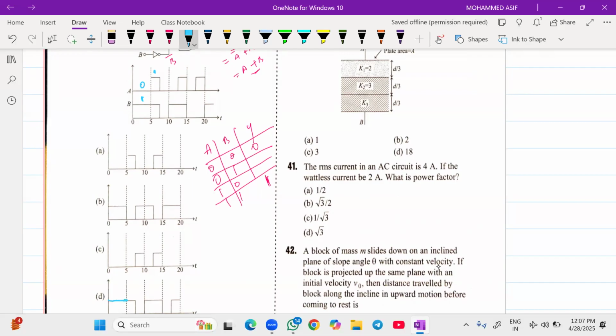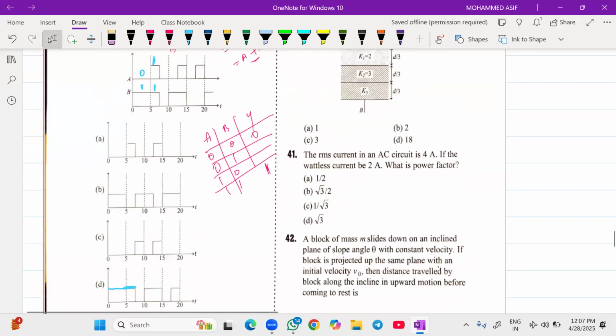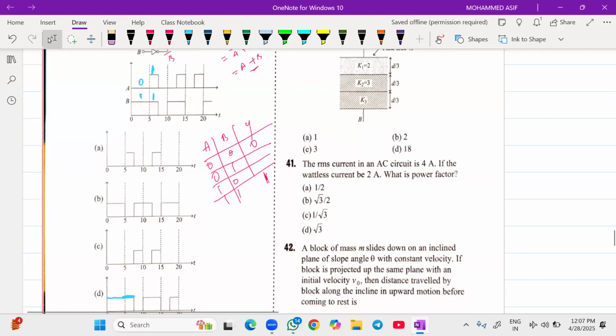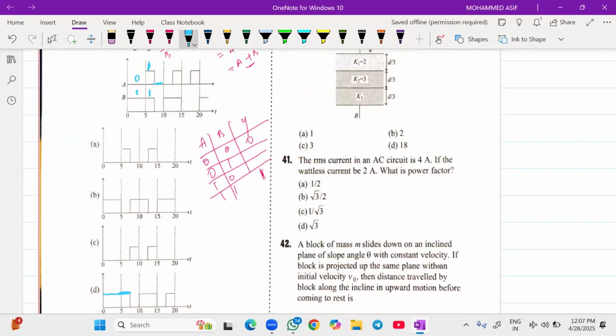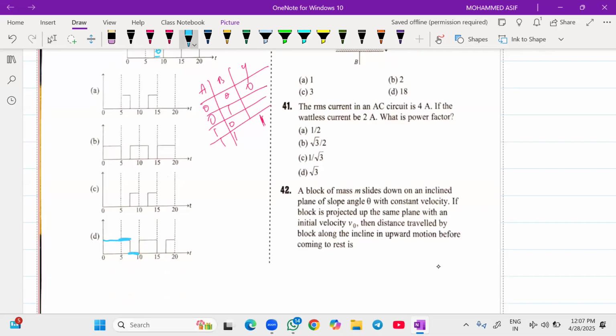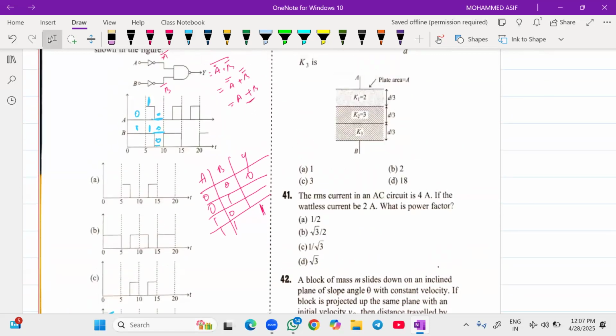Then if I take this one as 1 and this one as 1, this one is 0 and this is 1, so obviously this is 1 and this is 1, so the output should also be equal to 1. Then it is 0, this one is 0 and this one is also 0, so the output should also be equal to 0. So D must be the best option for the given diagram. Got it?